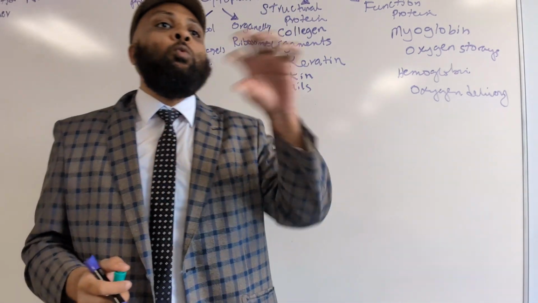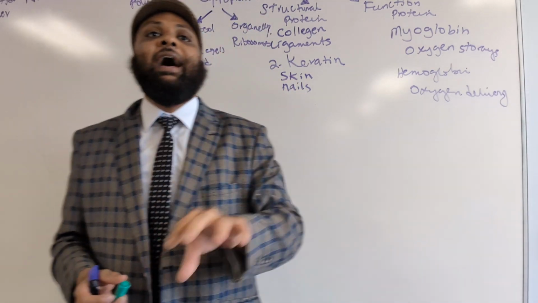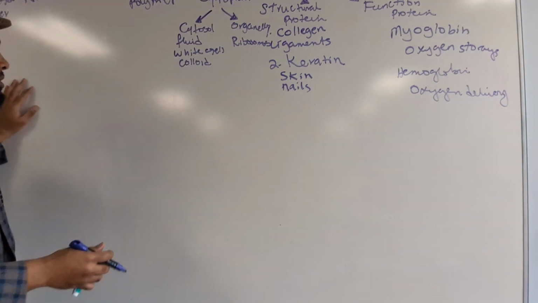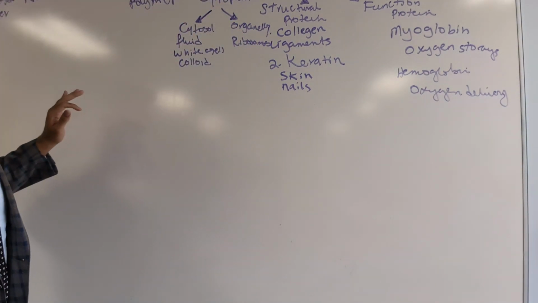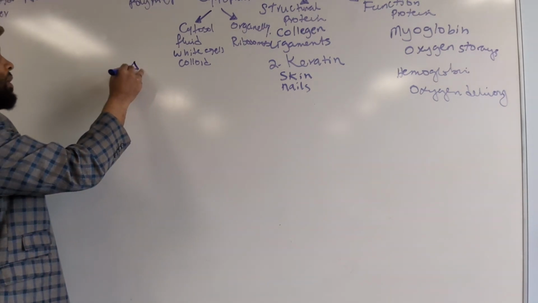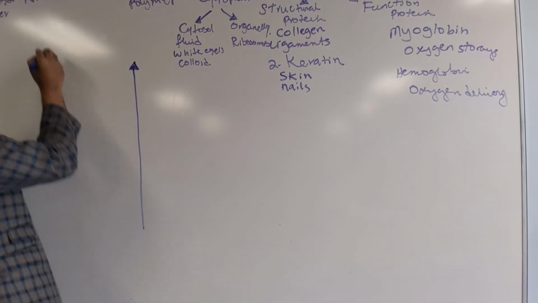When to turn which protein on, when to turn which protein off, that is genetic expression. So let us talk about the importance of the enzymes. You see, these enzymes are biocatalysts. What's a biocatalyst?